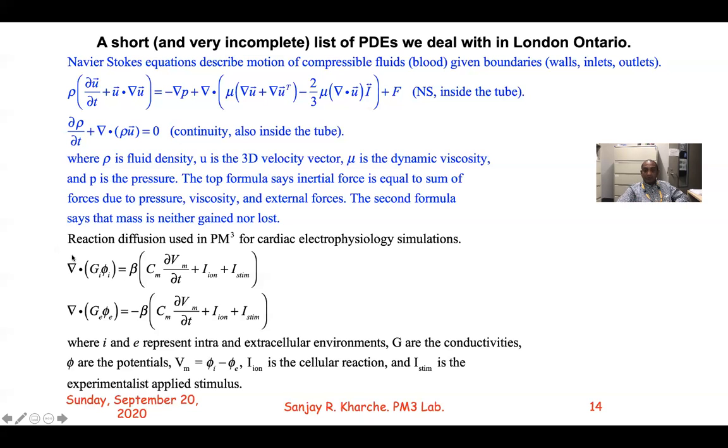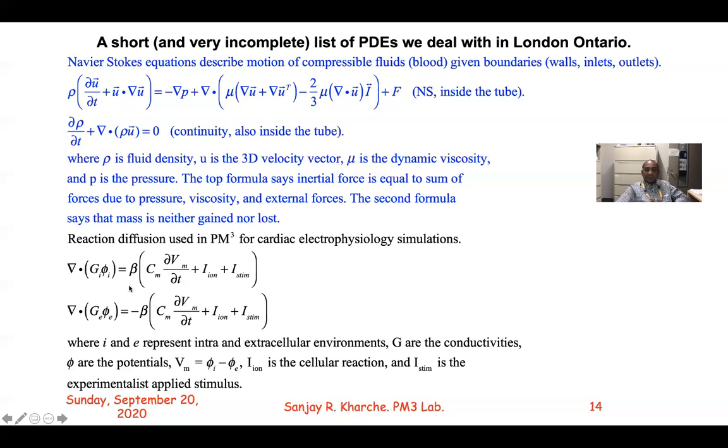Typically in reaction diffusion for cardiac electrophysiology, we are concerned with the intracellular potential, which is regulated by the cell membrane's ion channels. We are also concerned with calculating the extracellular potential, which is a contributor to the ECG. The extracellular potential in these equations is denoted by phi E, as shown by my mouse cursor's location over here.